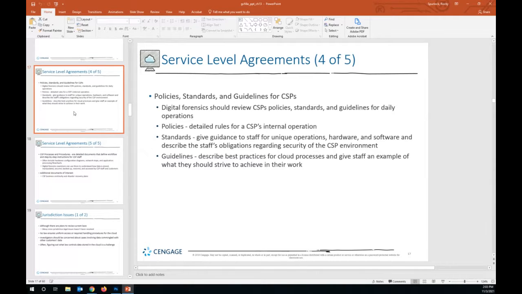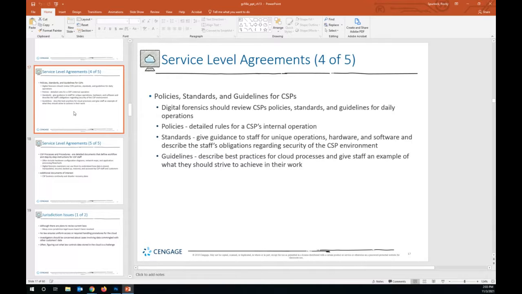Forensic investigators, you should also be aware of and review the following when you're preparing a cloud investigation plan. The policies, those are detailed rules for a CSP's internal operation.